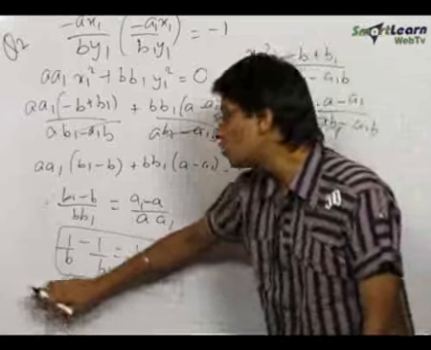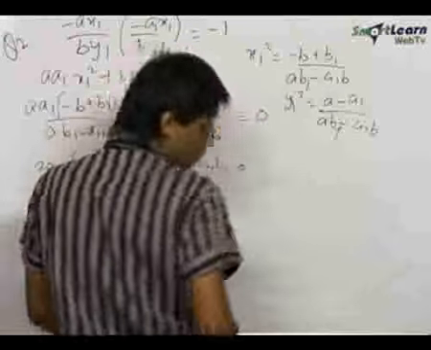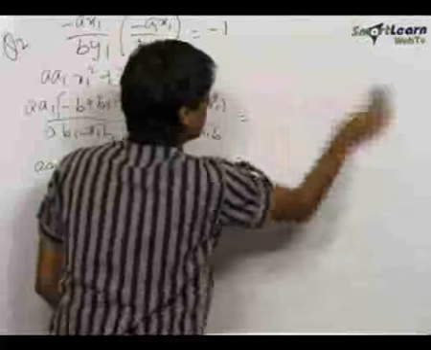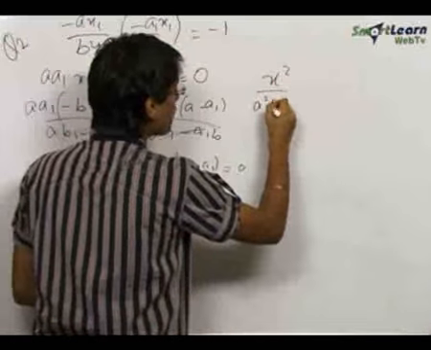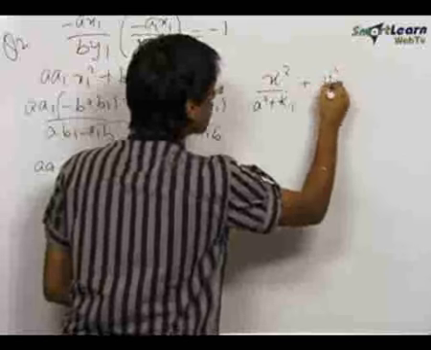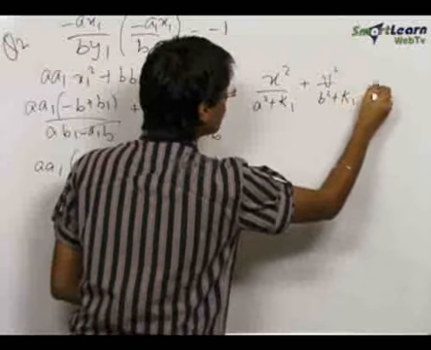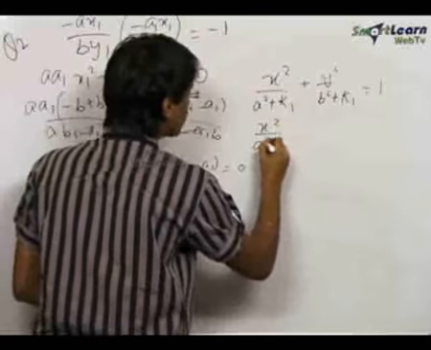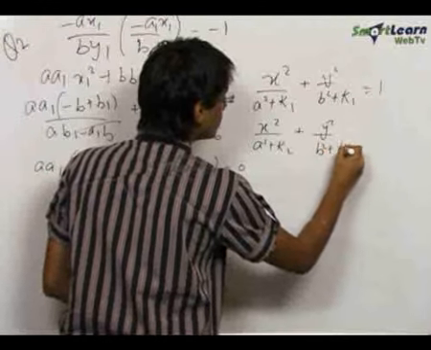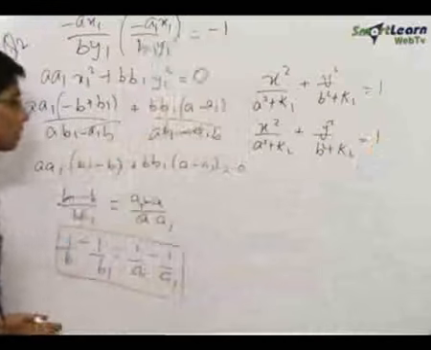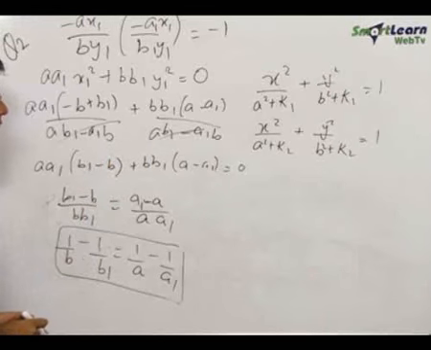This we have proved, and using this relation, we need to prove that the curves x²/(a² + k1) + y²/(b² + k1) = 1 and x²/(a² + k2) + y²/(b² + k2) = 1 cut orthogonally.